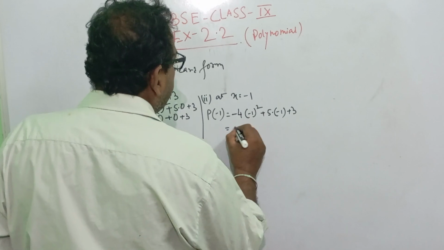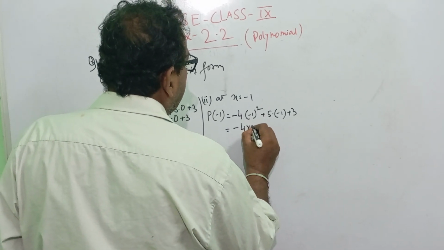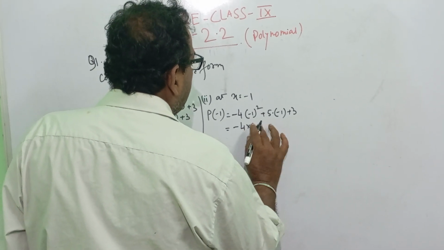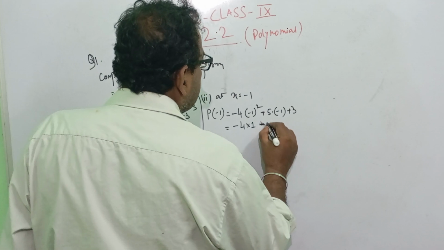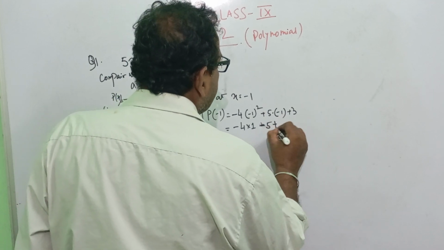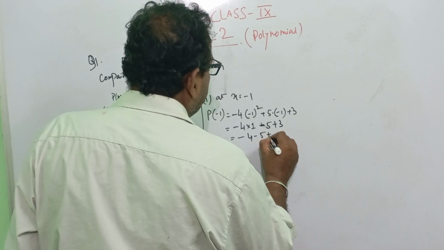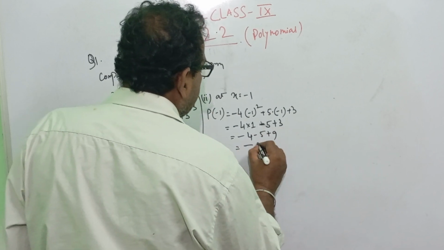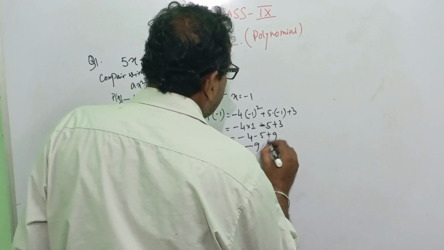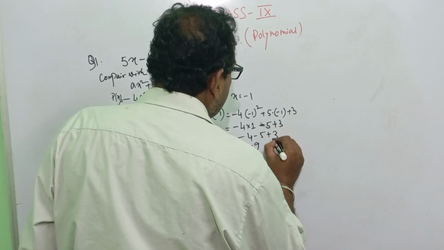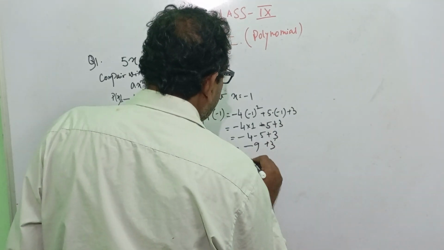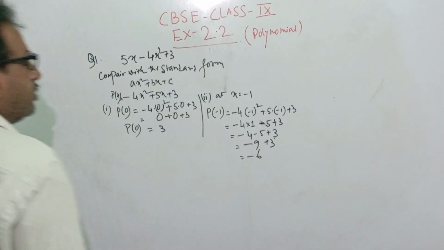So what will come? Minus 4 into 1 plus minus 5 plus 3, that is minus 4 minus 5 plus 3. That is minus 9 plus 3. That is minus 6.